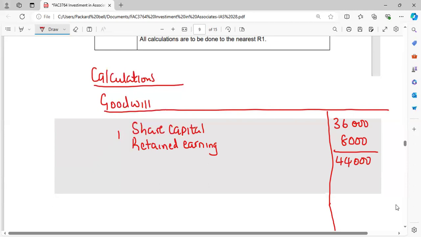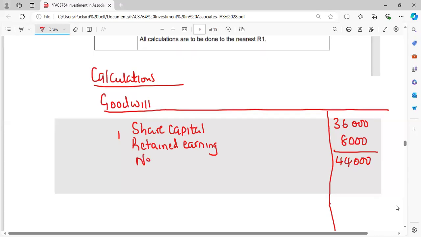When we have the 44,000, what are we going to do? Anyone who can still remember from our previous calculation? Don't you multiply with the interest? So this is the net asset value.